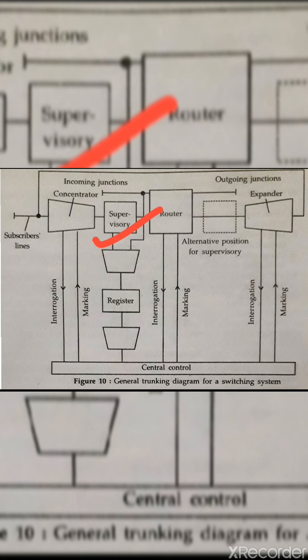For a junction call, it connects the supervisory trunk to an outgoing junction on the route to the required destination. A register, connected to the supervisory trunk by an auxiliary concentrator, receives address information and processes it to determine the destination of a call.